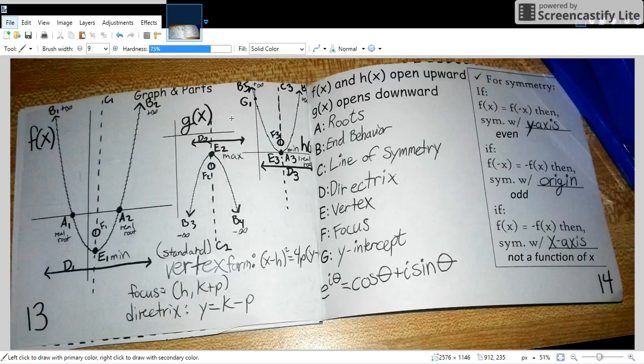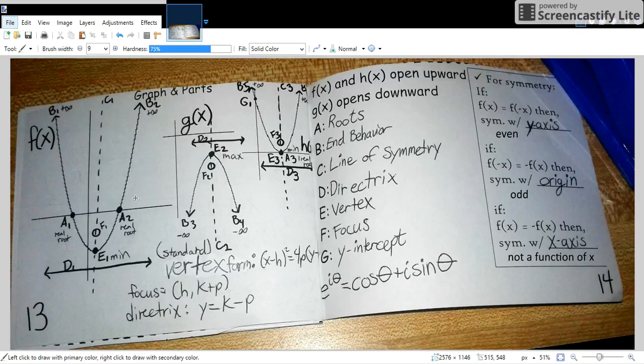For b, that is our end behavior. So basically, it's the arrows. Where are they going to and from? So these are both pointing up. So our end behavior is from positive infinity, and then it goes to positive infinity. For g of x, we have negative infinity to negative infinity, and h of x, back to positive infinity to positive infinity.